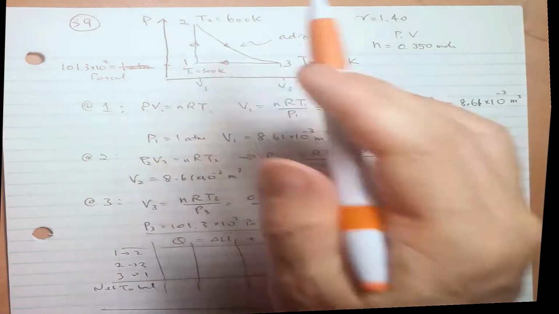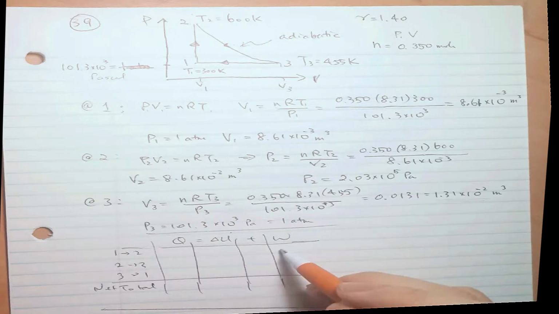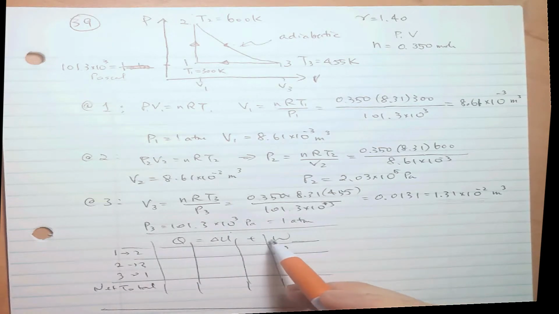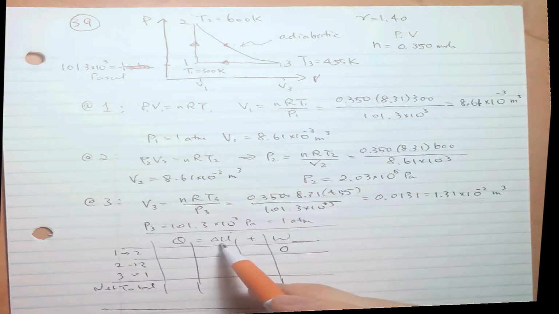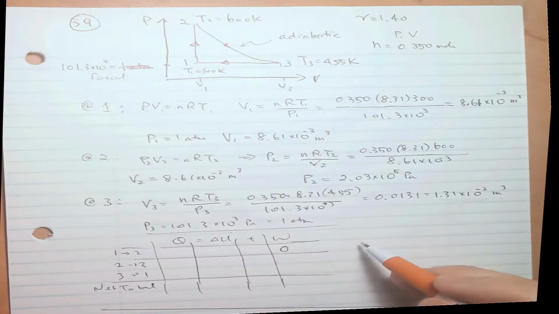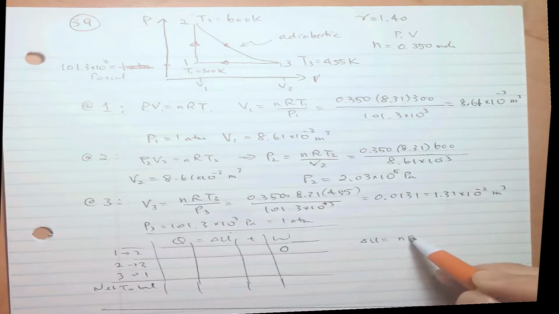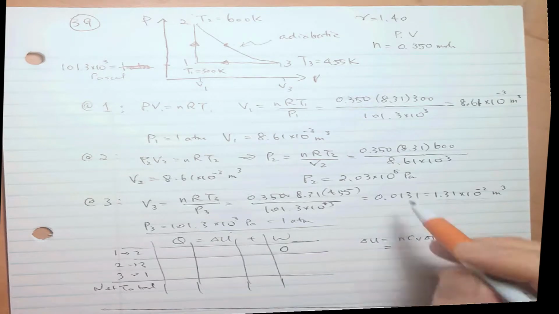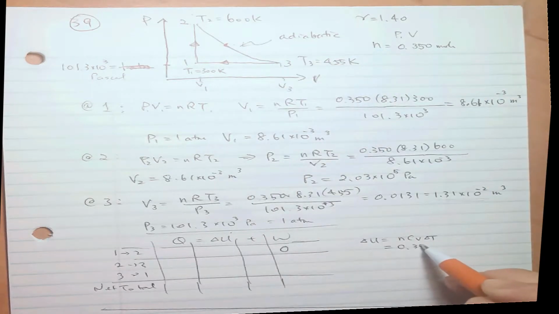Okay, from 1 to 2 is isochoric, so there is no work for isochoric. Therefore the internal energy change is nCv delta T. So let's figure out nCv delta T. n is 0.350.